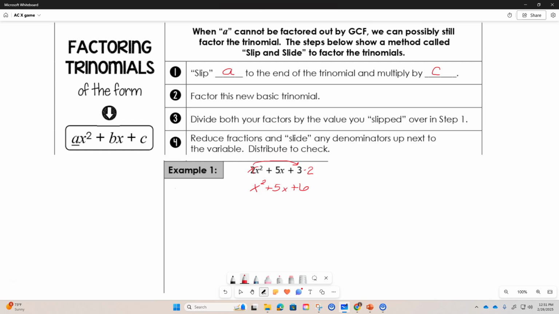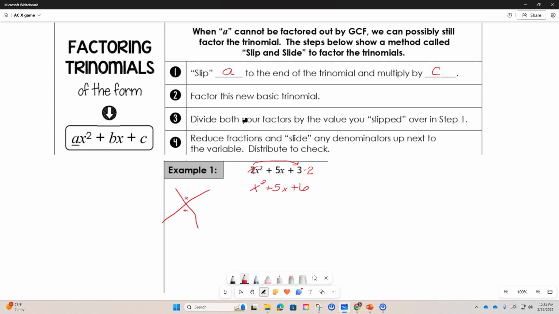Now we're going to play the X game, just like we did all the other times that we had an A of 1. We draw our big X, we put our times sign, whatever our symbol right here is, that plus sign is what goes down here, plus.